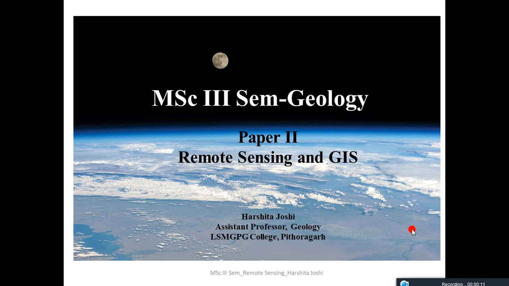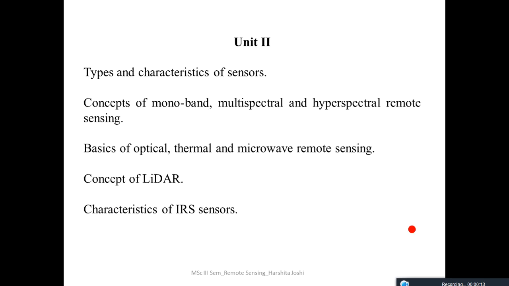Coming to remote sensing and GIS, another part of Unit 2. We have already completed the types and characteristics of sensors, and the concept of monoband, multispectral and hyperspectral remote sensing. Today we will try to understand the basics of optical remote sensing.